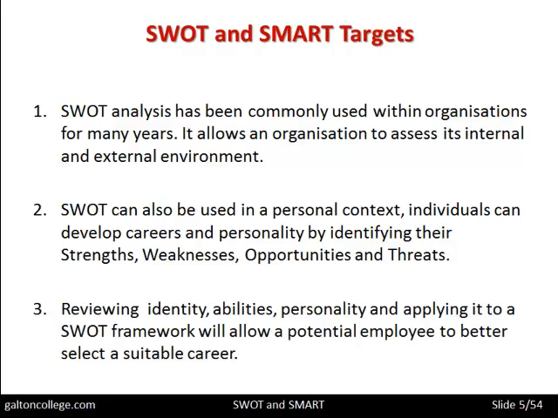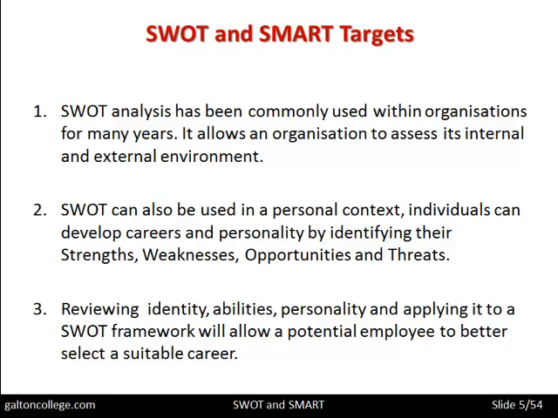Reviewing identity, abilities, personality and applying it to a SWOT framework will allow a potential employee to better select a suitable career. Once a person has undertaken this properly and honestly, they just set out 4 headings: strengths, weaknesses, opportunities and threats, and then fill out honestly about themselves under those headings.